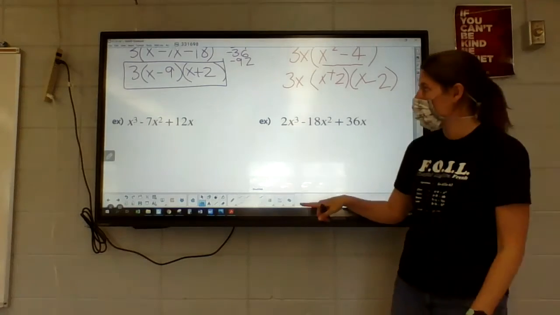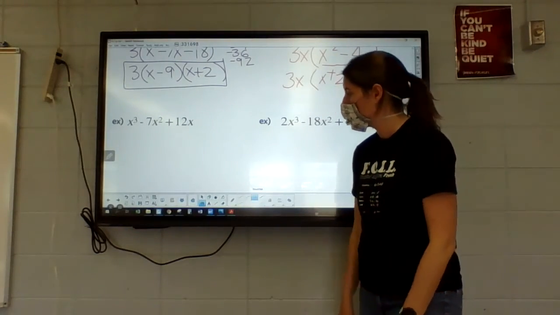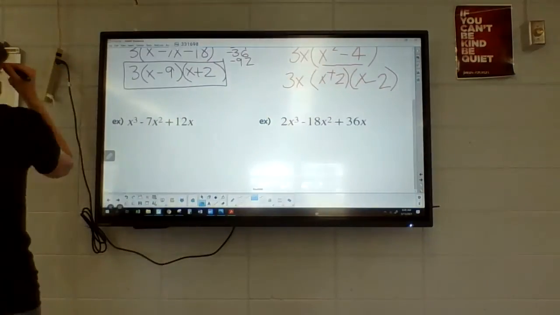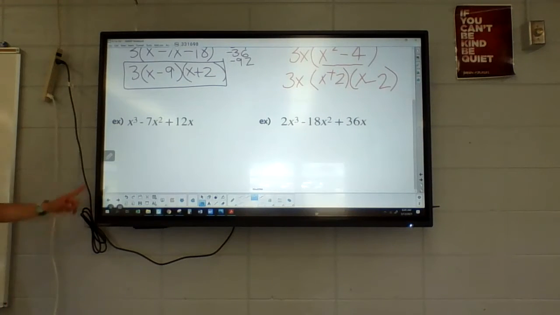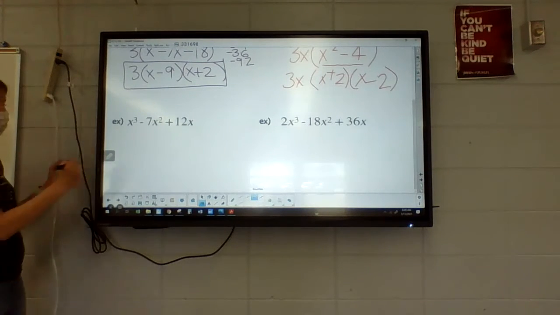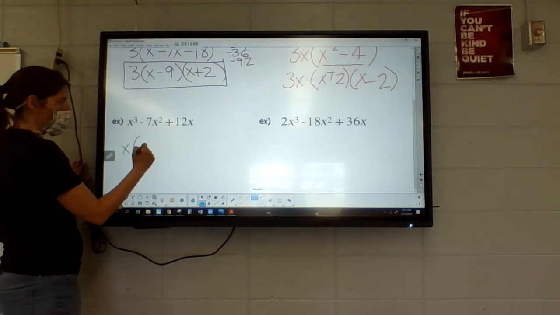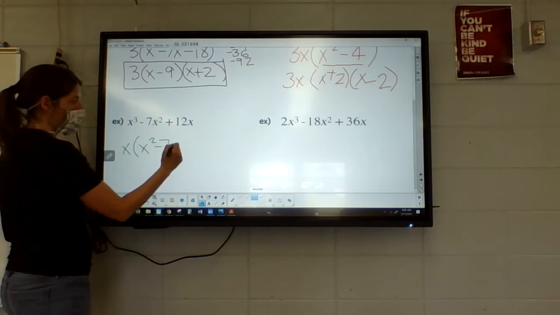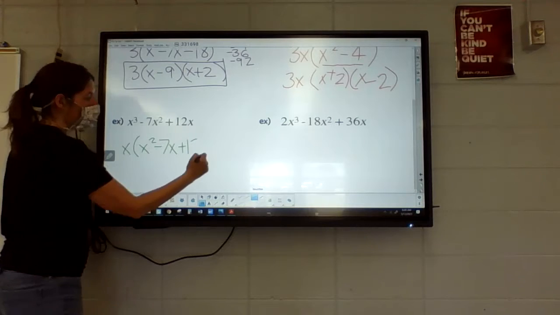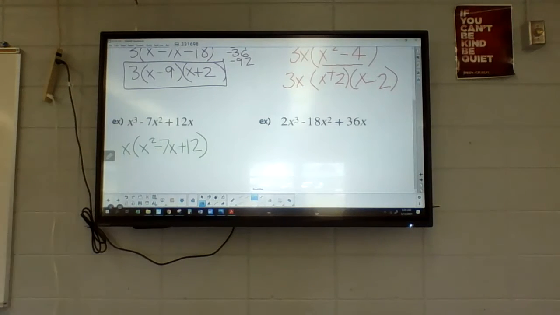All right, our next example. Does that have a GCF among all three terms? They all have an x. So let's pull that x out. Once I take that x out of all three terms, it looks a lot like the problem right above.